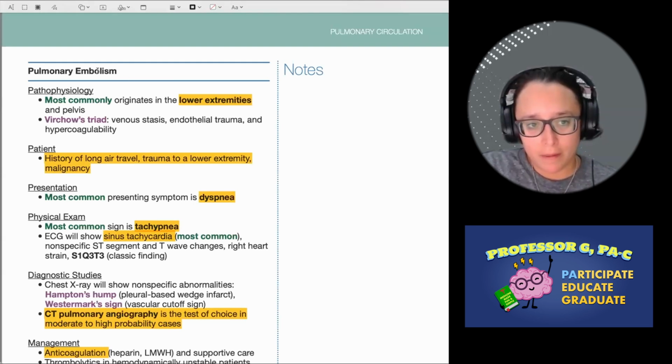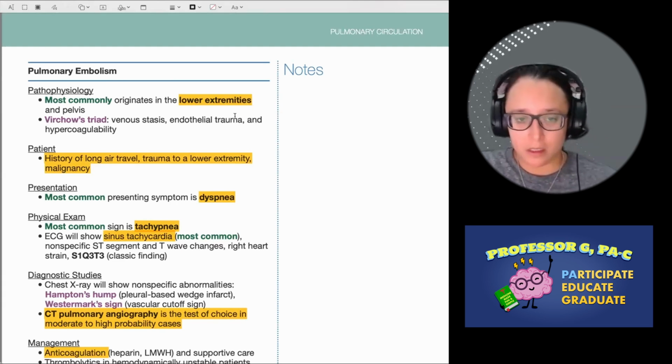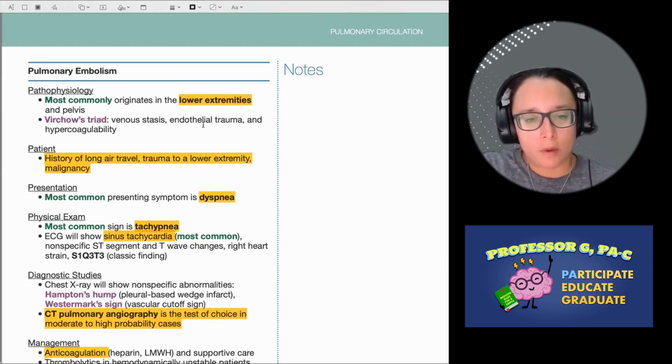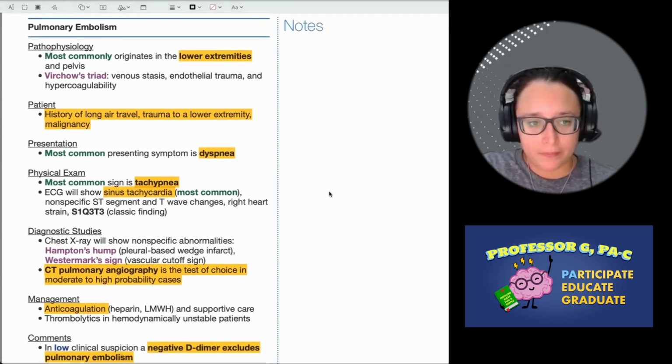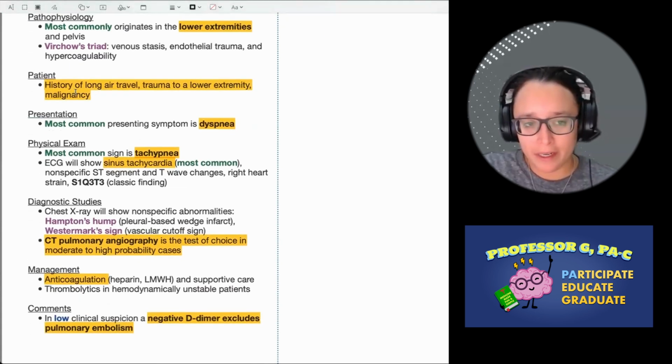Most of the time we get it from lower extremity DVTs, deep vein thromboses, and we already talked about Virchow's triad. Look in a vignette for someone that has a history of long air travel, someone that just recently had surgery, especially lower limb surgery, someone that has cancer, someone that's on oral contraceptives, long bus rides, anything like that. They're going to give you something.